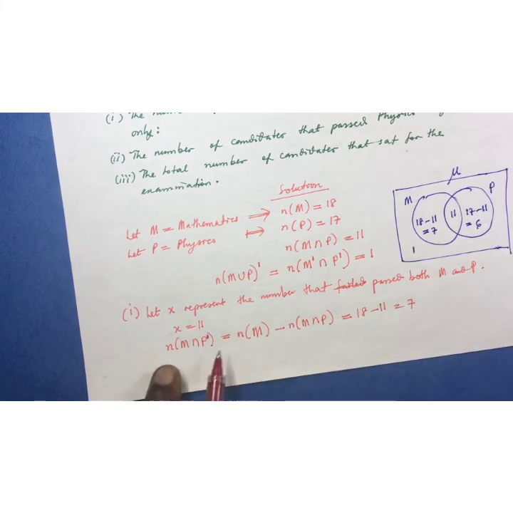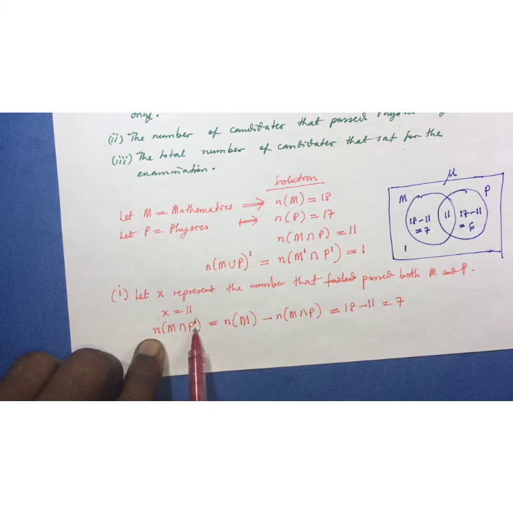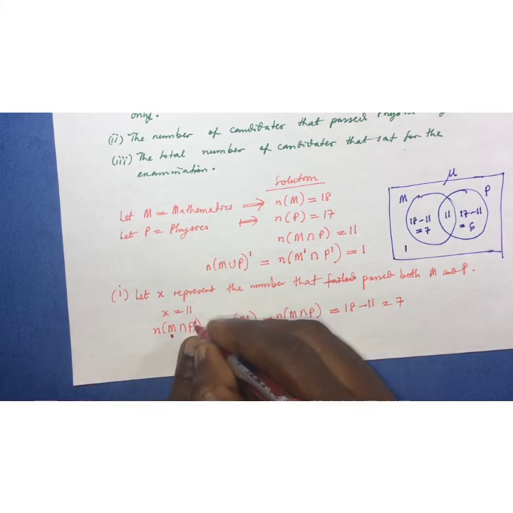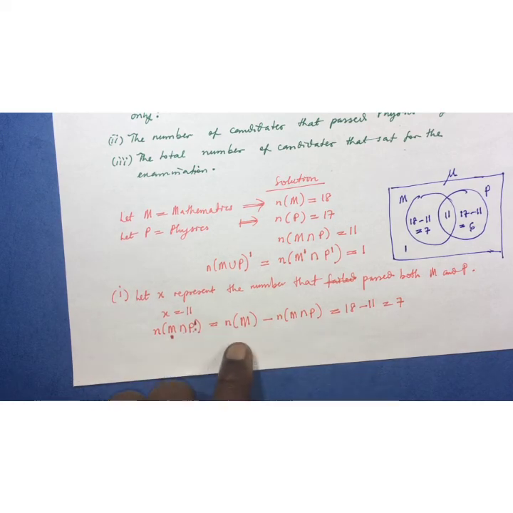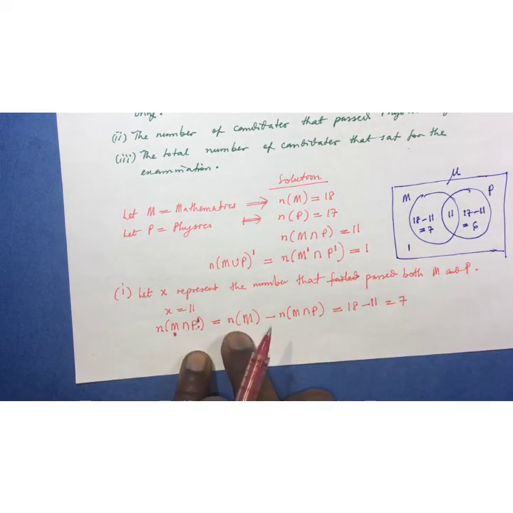Okay, so take note, under my discussion on set theoretic notation in our videos on set theory, notice that NM intersection P complement represents those who offered only or passed only mathematics. So only mathematics is represented with this, and that will be used subtracting those common to both of them from mathematics alone.